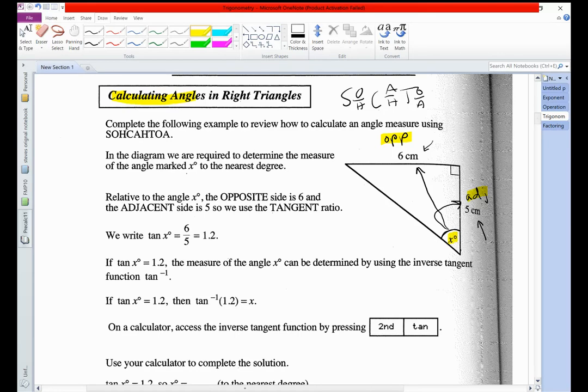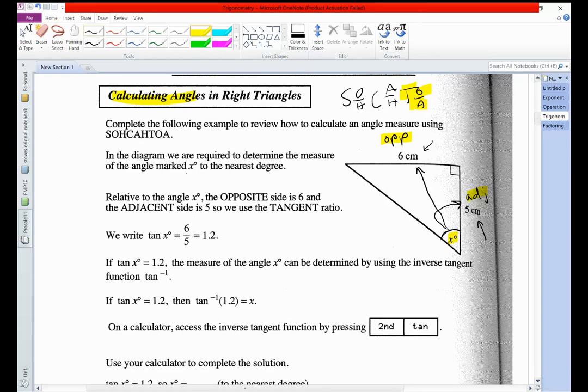We already have two of them, and we have a ratio somewhere that uses those two, because our ratios contain every combination. So we have opposite and adjacent. We go up to our ratios and find one that uses opposite and adjacent, and you can see right here, the tan ratio uses the opposite and the adjacent.